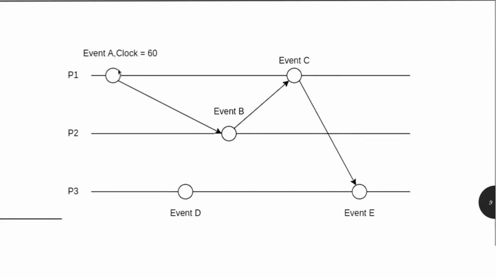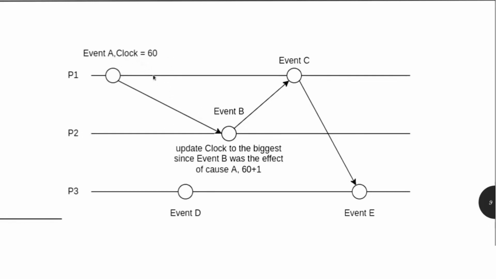So unless event A exists, event B wouldn't exist, which means that event A must have happened before event B. And P1 sends the message coupled with a timestamp with his own clock value, which is, for example, let's say 60. So if event A must have happened before event B, a quick trick would be to update the clock of P2 and to make it 60 plus 1.